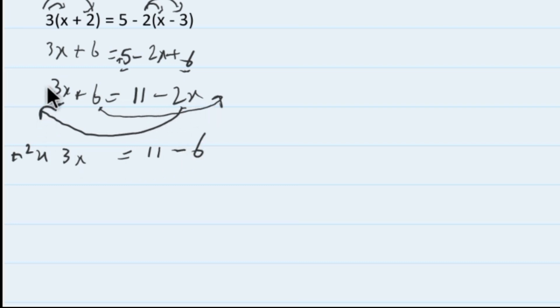And since the value of 3x is plus, here we will use the symbol plus 3x. So 2x plus 3x is equal to 11 minus 6. And now we will simplify them. 2x plus 3x is equal to 5x, and 11 minus 6 is equal to 5.